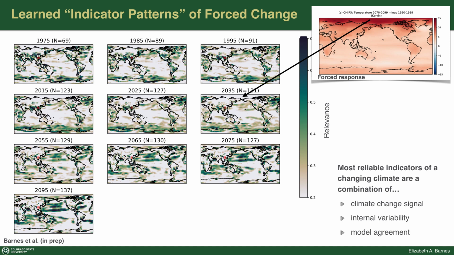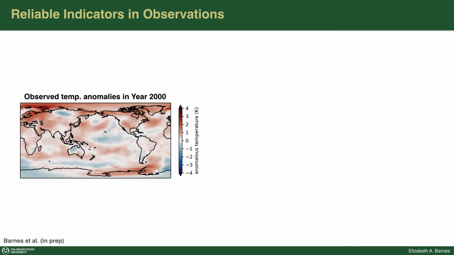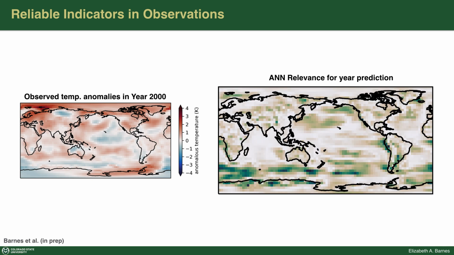Finally, to wrap this up, a neat thing we can now do is take the neural network predictions from observation, so what's actually happened on Earth. For example, here is a map of temperature anomalies that were observed in 2000, and we can ask the network, where did it look when it made its prediction from this observed map?